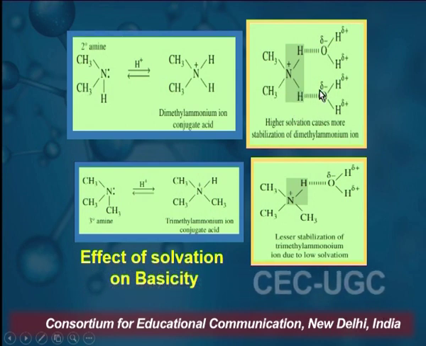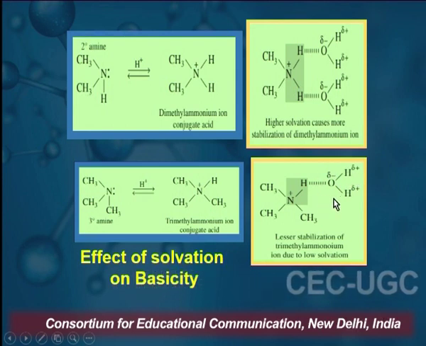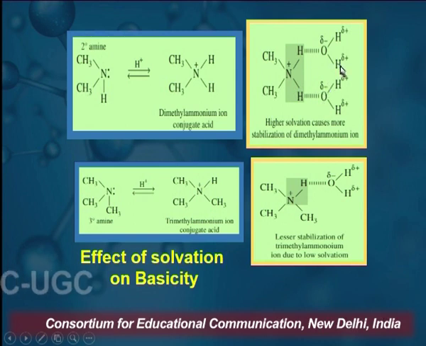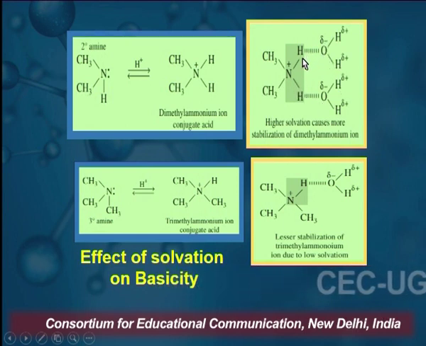Two hydrogens are present, so solvation will be more in this case. In case of tertiary amine, there is only 1 hydrogen. That means solvation in case of tertiary amine will be less. More the solvation, more are the forces of attraction, more is the stability of this conjugate acid.